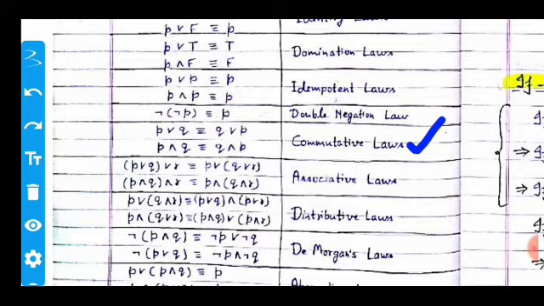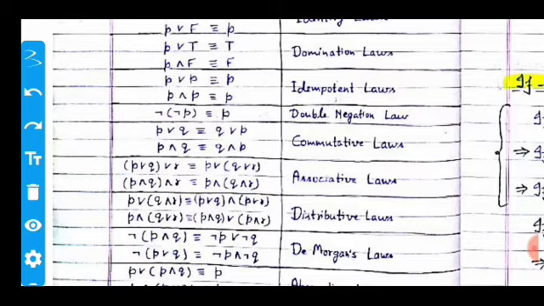So come to the next law, that is the associative law. Here they just swap the brackets: P or Q inside the bracket, and here Q or R inside the bracket.